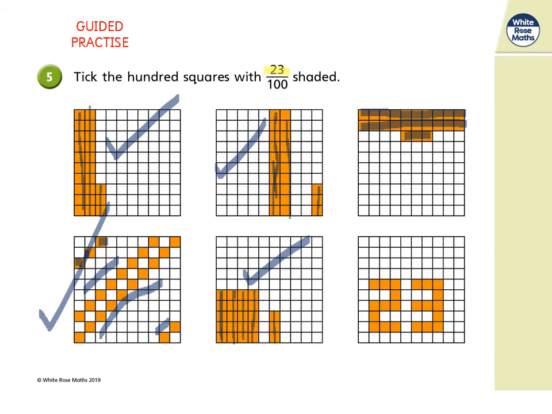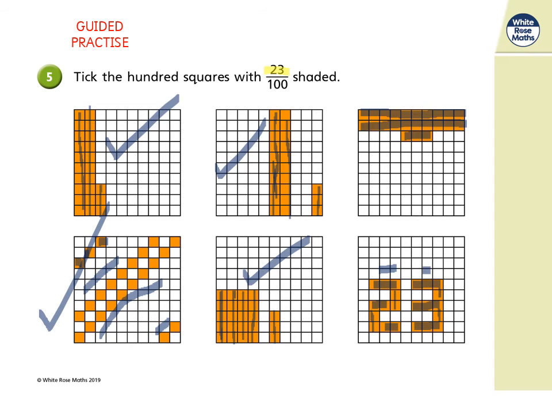Now let's have another look at this one here. So we've got 23 written out in front of us. Now, just to make sure that we have 23 hundredths, we need to count them, don't we? So we've got 1, 2, 3, 4, 5, 6, 7, 8, 9, 10, 11, 12, 13, 14, 15, 16, 17, 18, 19, 20, 21, 22.